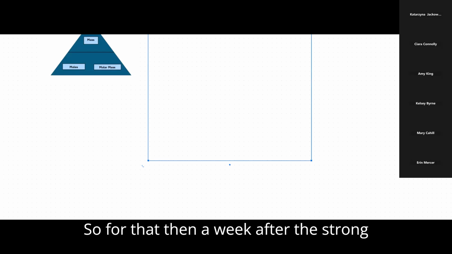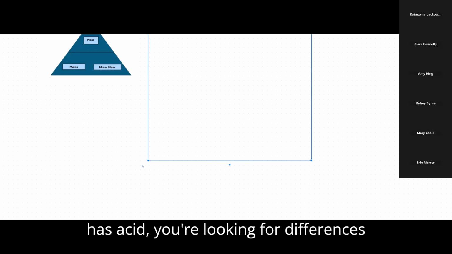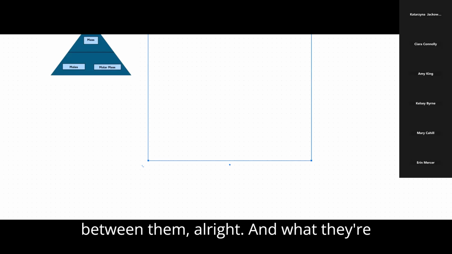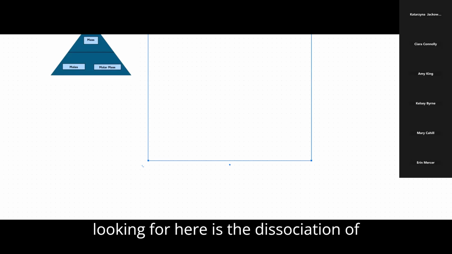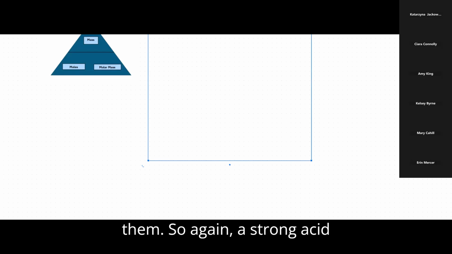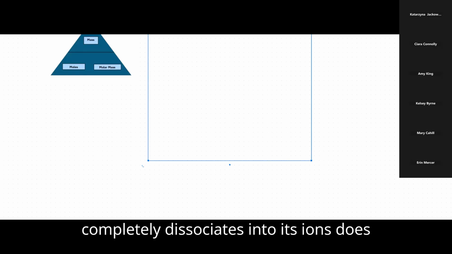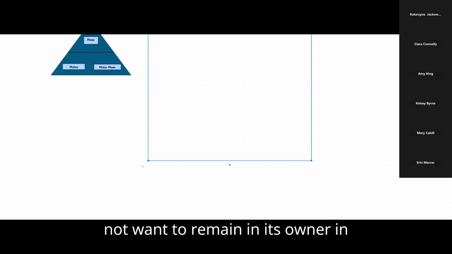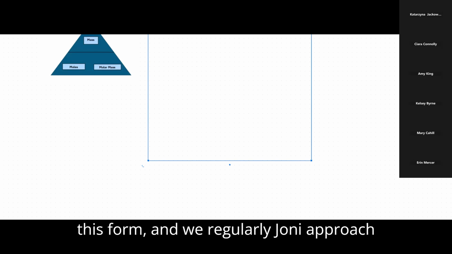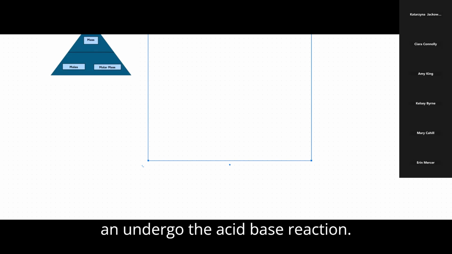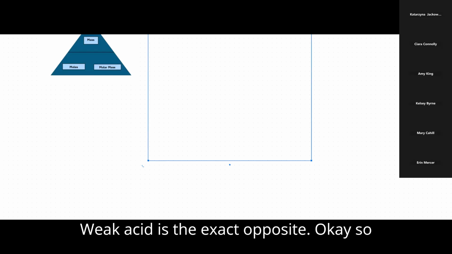So for a weak acid and a strong acid, you're looking for the differences between them, all right? And what they're looking for here is the dissociation of them. A strong acid completely dissociates into its ions, does not want to remain in its unionized form, and will readily donate a proton to undergo the acid and base reaction. A weak acid is the exact opposite.